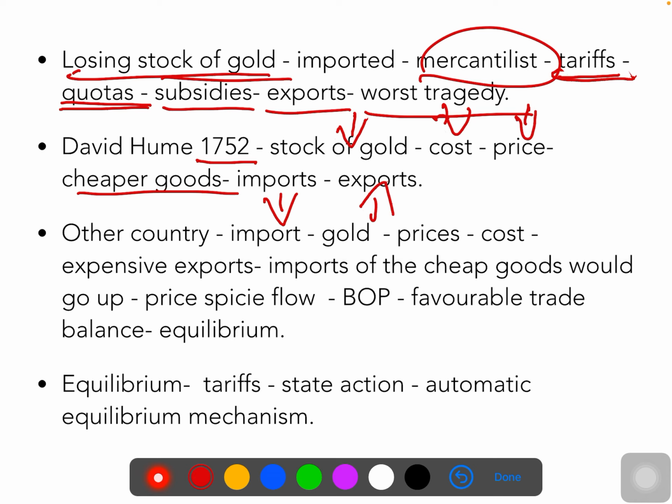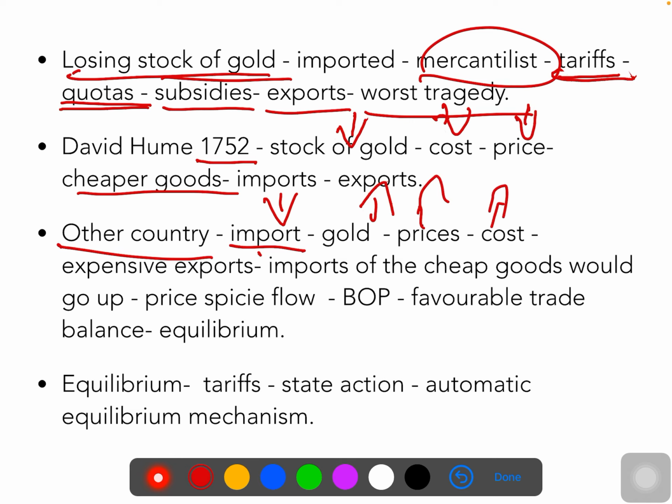It is the real exchange rate which will determine competitiveness in the economy. The country from which we were importing and making payments in gold would face an increase in prices and cost. The prices and the cost, they both are going to increase.